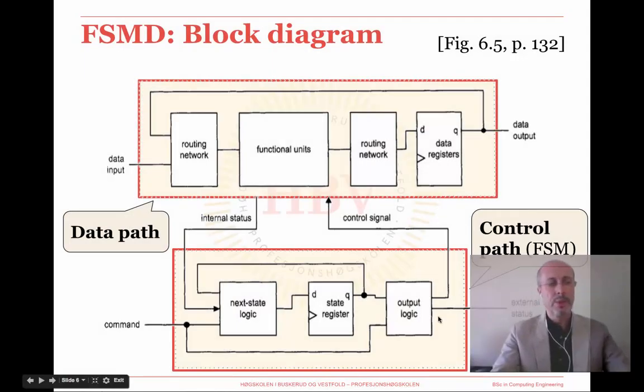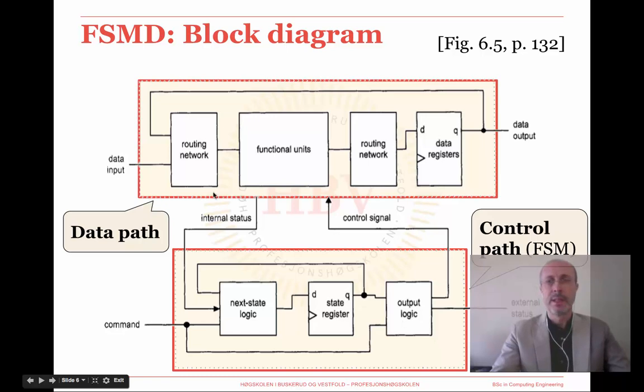So, according to what has been said so far, the architecture of an FSMD can be represented as shown in this slide, where you see the control path and the data path above. Notice that the control path comprises a finite state machine containing the usual state register and the combinational logic segment needed to generate the next state information and the Mealy and Moore outputs.